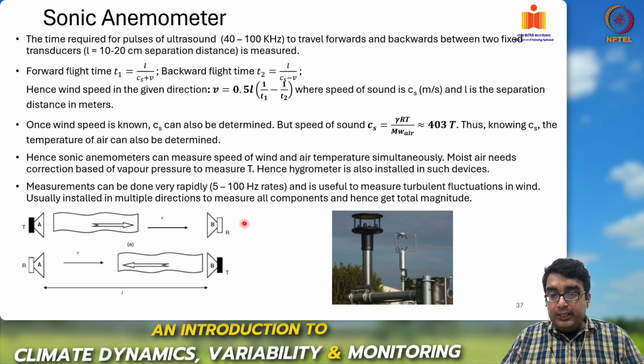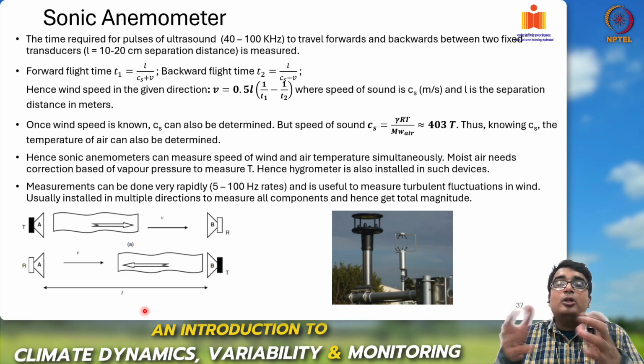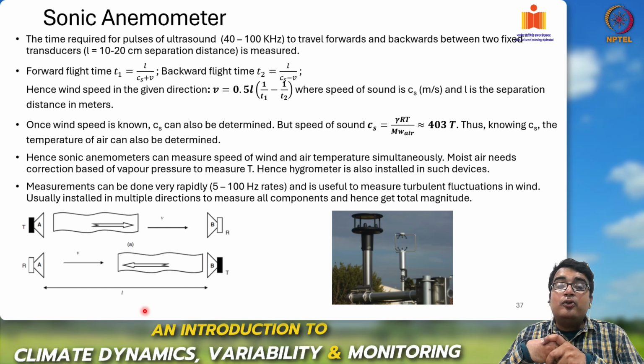And what you can do then is have a separate orientation at 90 degrees to this to get the other component of wind speed as well. So the sonic anemometer does not only give the magnitude, it can also give the component-wise values of the wind speed in the zonal and the meridional direction.